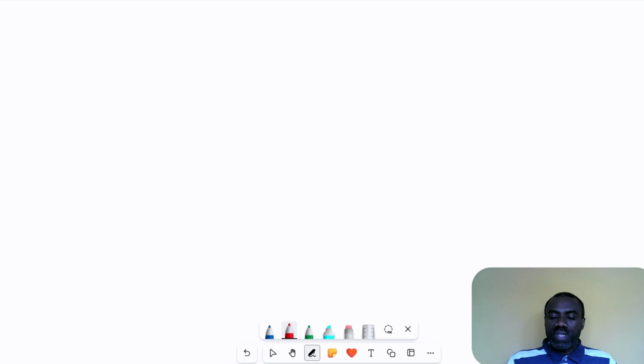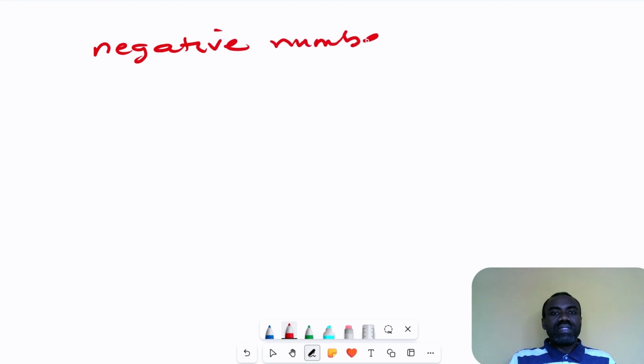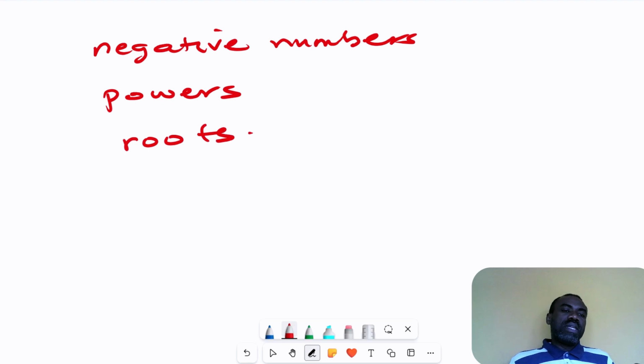It can get complicated with negative numbers and powers. Okay, sometimes even roots. Okay, now when we are doing substitution, this is where we are going to crank up the difficulty a bit.